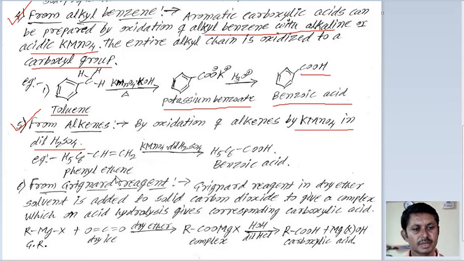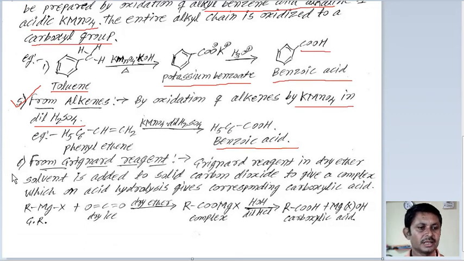See here, phenylethene, C6H5CH=CH2. Phenylethene on oxidation with KMnO4 and dilute H2SO4 gives benzoic acid, that is C6H5COOH. And the last method is from Grignard reagent.